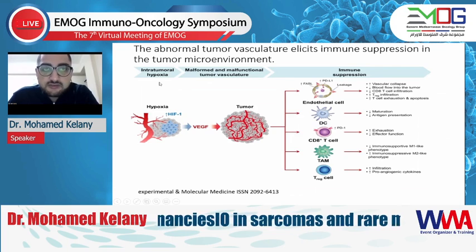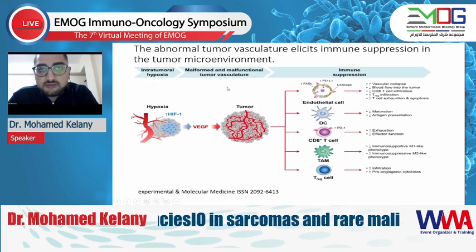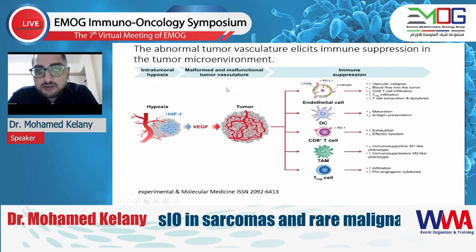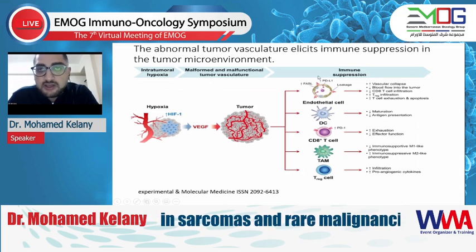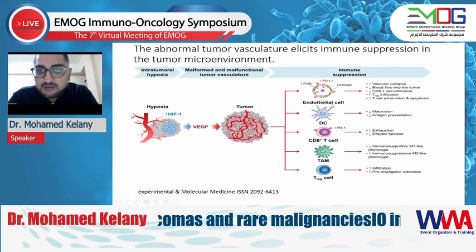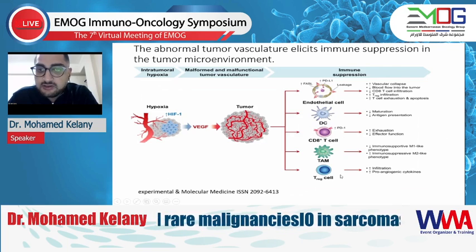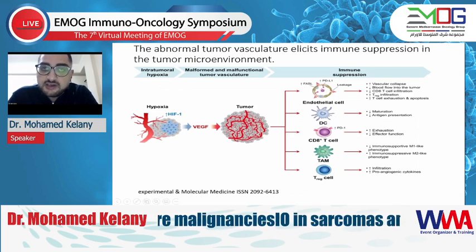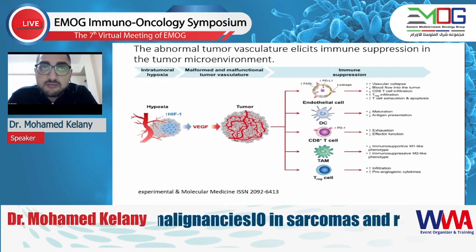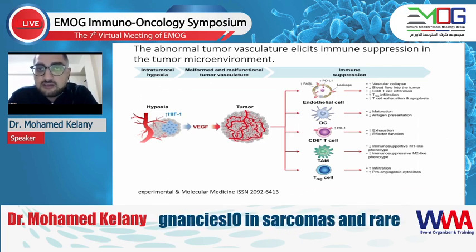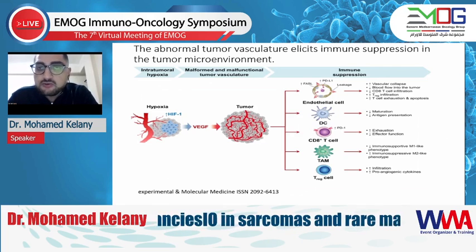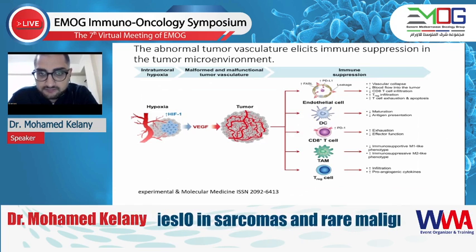The hypoxic tumor needs abnormal tumor vasculature, and the abnormal tumor vasculature makes immune suppression through its targets, the endothelium, dendritic cells, activated T cells, even T regulatory cells, because this hypoxia leads to malfunction, and the abnormal tumor vasculature leads to abnormal tissue distribution or penetration of these cells.